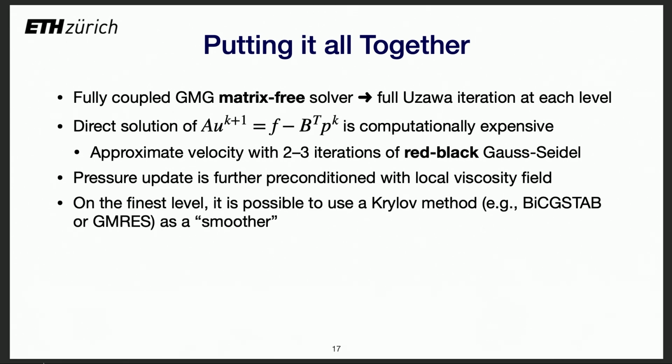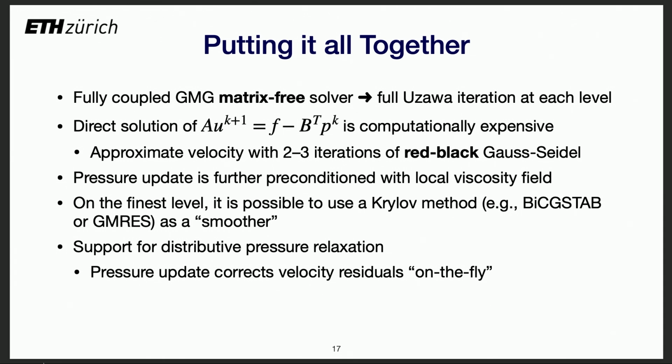And there are other options that I've been playing around with and I've implemented. You can use Krylov methods as a sort of accelerator instead of a Uzawa smoother on the finest level, and this can be either BiCGStab or GMRES. Of course, we can also use this whole geometric multigrid solver as a preconditioner itself for a Krylov method.